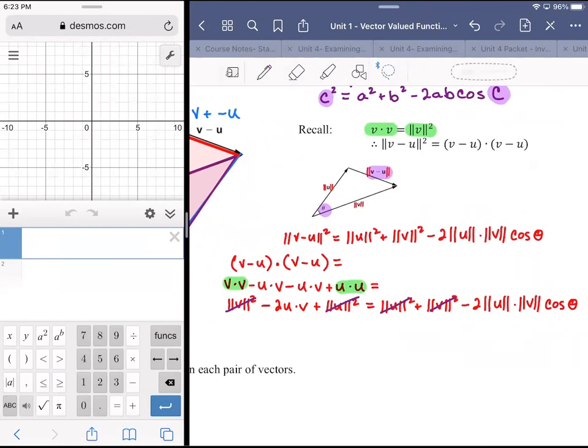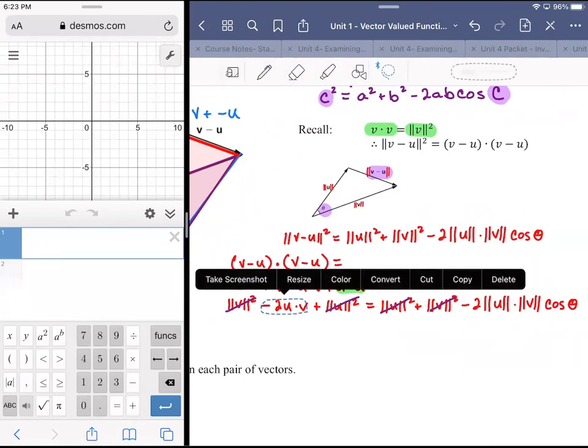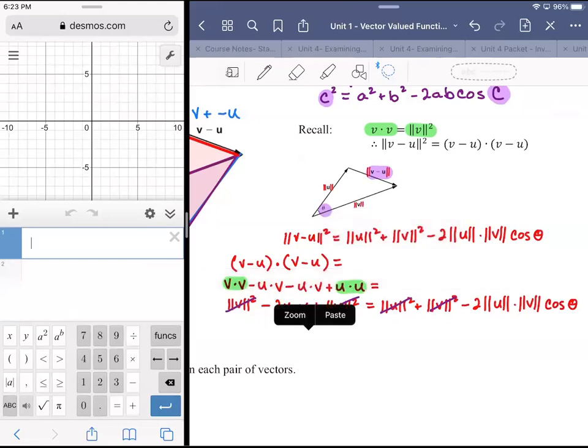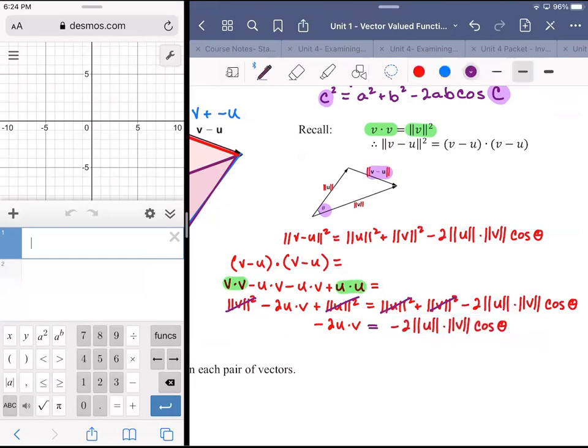The remaining expression has a common -2 that can cancel away. And so I get u dot v is equal to the magnitude of u multiplied by the magnitude of v multiplied by the cosine of theta.